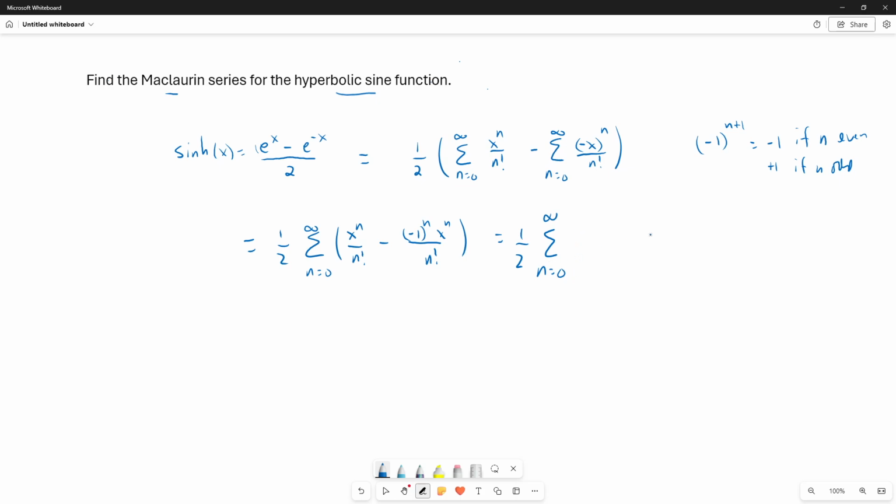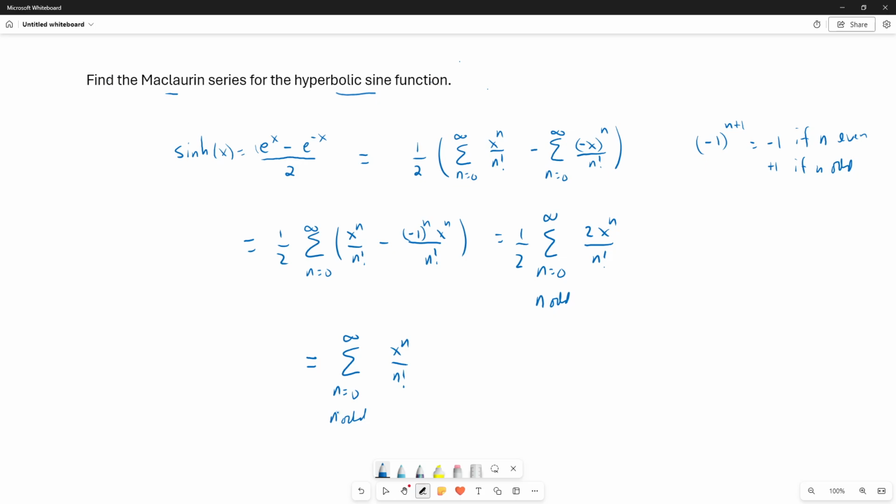So they combine when n is odd, so n goes from 0 to infinity and n is odd as well. And then when we combine them, we'll get x to the n plus x to the n, which is 2x to the n. And so then the 2's cancel, and we get the summation n from 0 to infinity, but n odd, x to the n over n factorial.